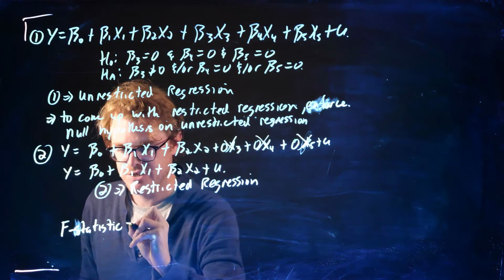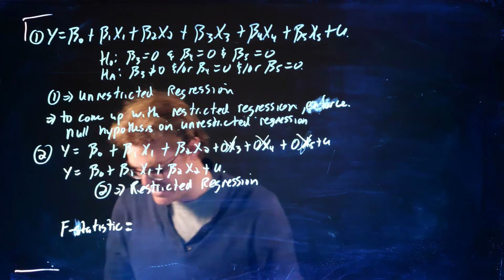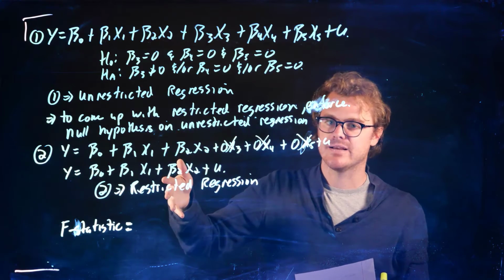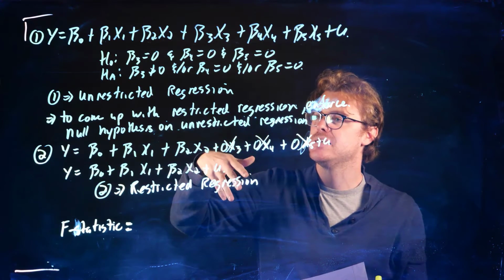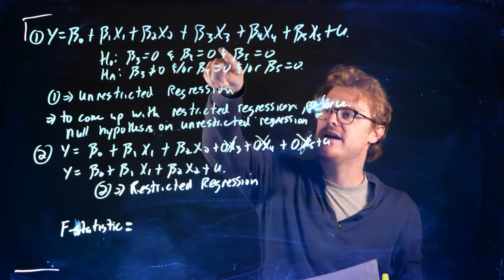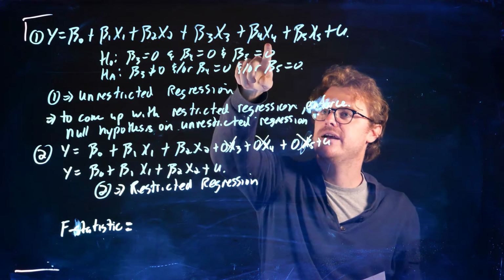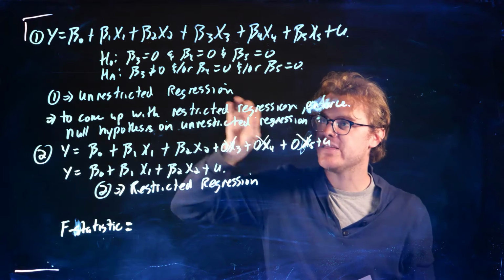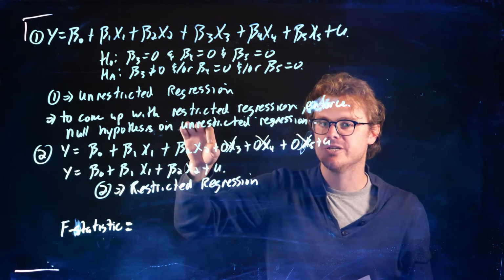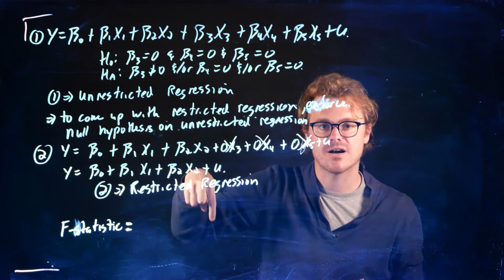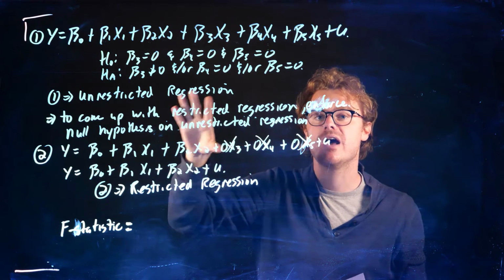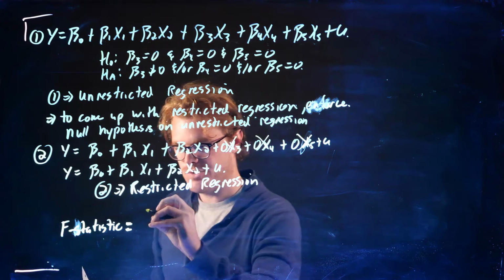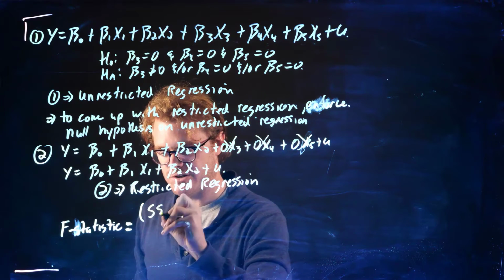Remember the intuition: does putting those three x's in that we're testing, whether their effects are 0 or not, decrease the SSR, the sum of squared residuals, enough to warrant actually putting them in? So this is what our test statistic is going to look like.